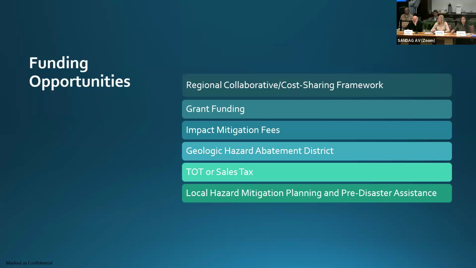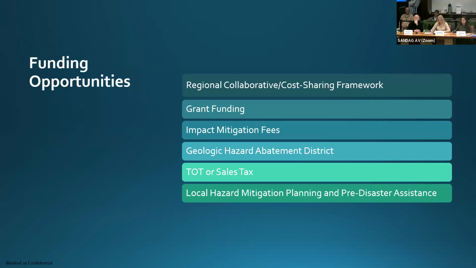Here are some of the funding opportunities that the agencies examined through the feedback and stakeholder process. Overall, the feedback really showed there wasn't any major objection to most of these options. They wanted to leave all options on the table. The one there was some objection to was the GAD, the Geologic Hazard Abatement District. So that has been minimized in the plan, but all of these different funding opportunities remain on the table.